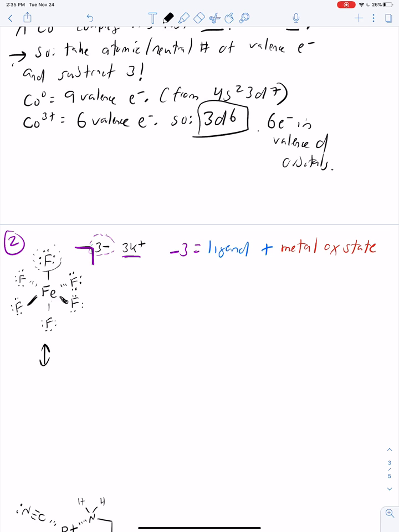The funky resonance structure says, all right, we're going to take the metal-ligand bond and break it and give those electrons to the ligand. And we do that for every one of the fluorides, and they're all going to look the same.